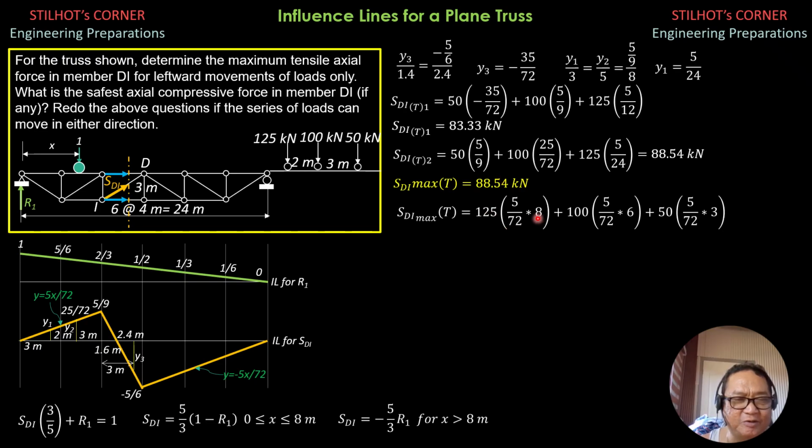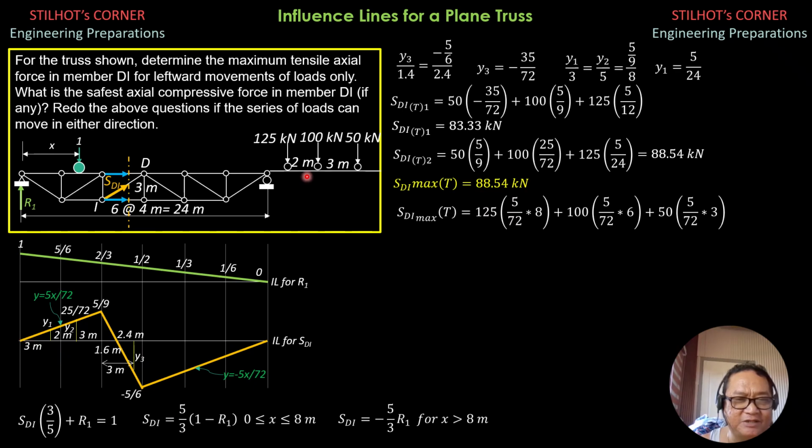The 125 kilonewton load will be here, and it is 8 meters. That's why 5 over 72 times 8, it's also 5 over 9. It will give us the same value for the ordinate. Then plus 100, slope 5 over 72, the 100 kilonewton load will be 6, because it is 2 meters from this.